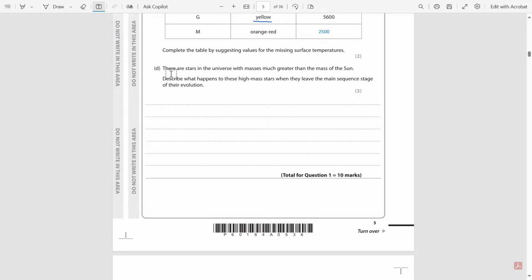There are stars in the universe with masses much greater than the Sun. Describe what happens to these high mass stars when they leave the main sequence stage of their evolution. What the examiners really want you to say is 3 main points, using the key terms. The star will become a red supergiant.